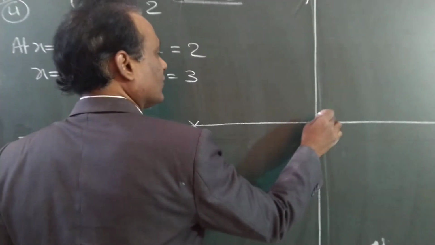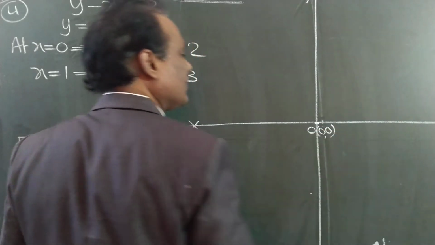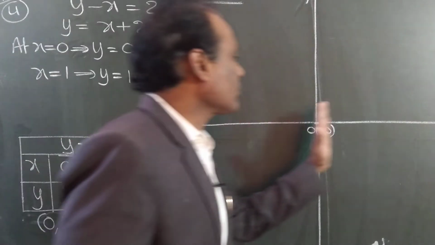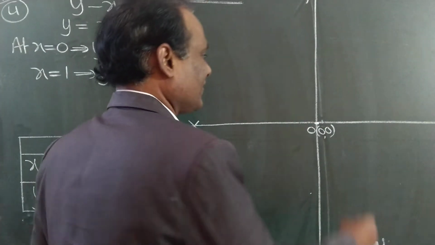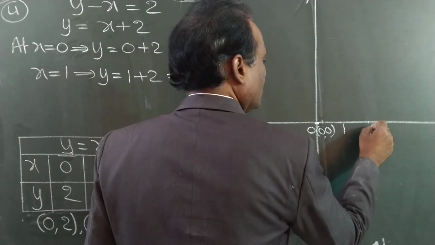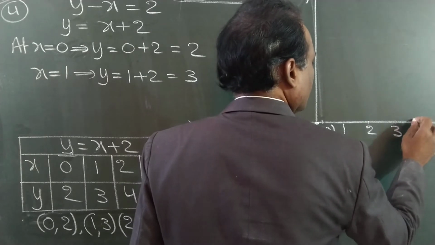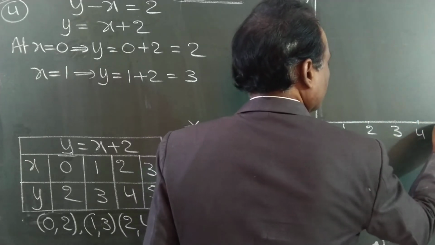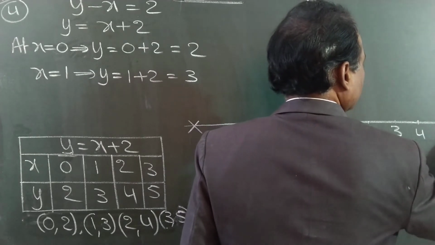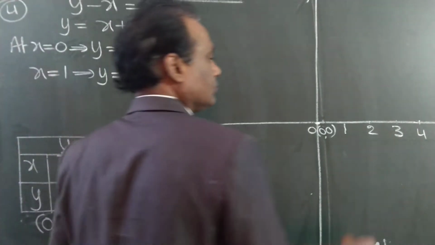The point of intersection of the x-axis and y-axis is called the origin. It is 0, 0: x value 0, y value 0. Take x values on this axis: 1, 2, 3, 4, 5, 6.